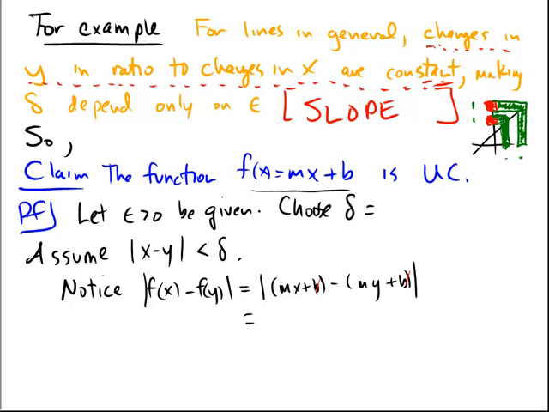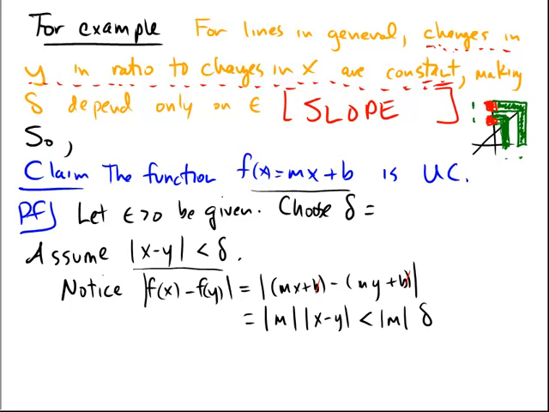In other words, we'd be left with m times x minus y, because the b's cancel out with each other. And notice that this would be less than something times delta, because we're assuming that x minus y, the distance of x and y from each other, is less than delta.